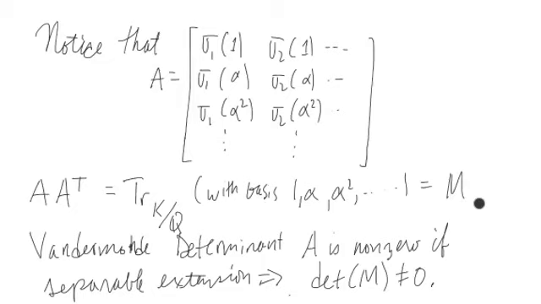And we already talked about this matrix M, that it had integer entries. But not only that, since we decomposed it as A times A transpose, A is a Vandermonde matrix, and its determinant is a Vandermonde determinant.